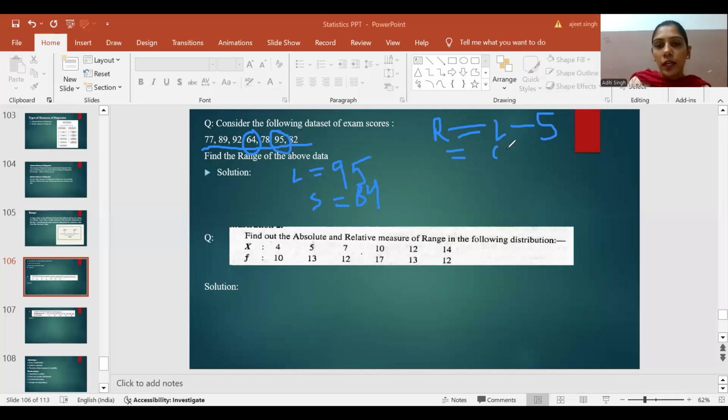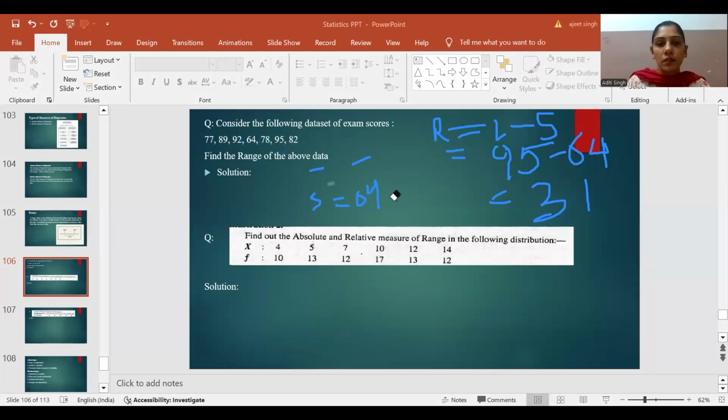So 95 minus 64. This is how we calculate the range in a given data series. So the range is 31.